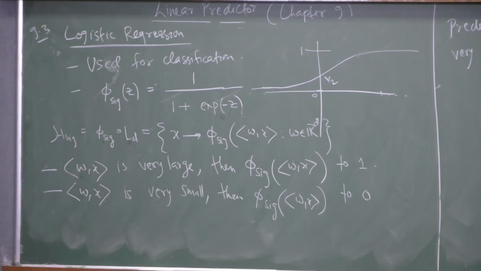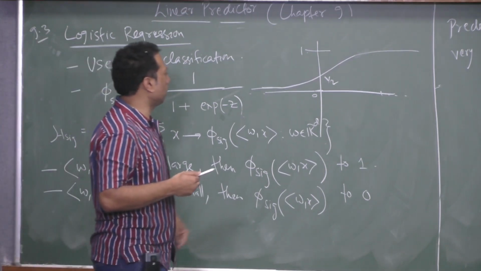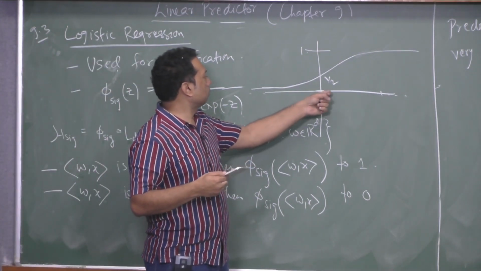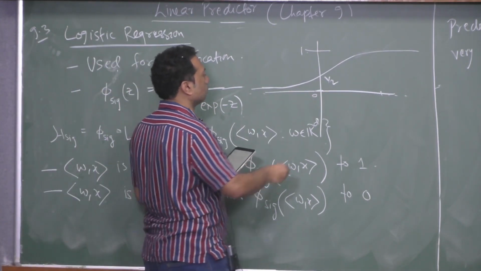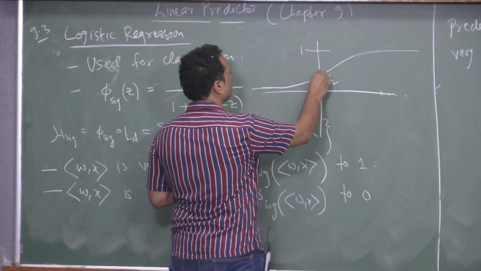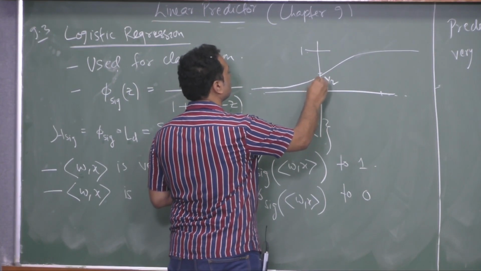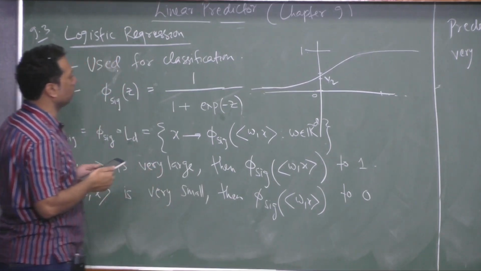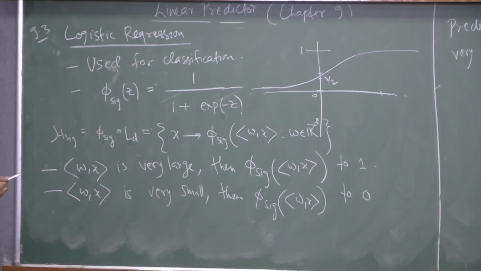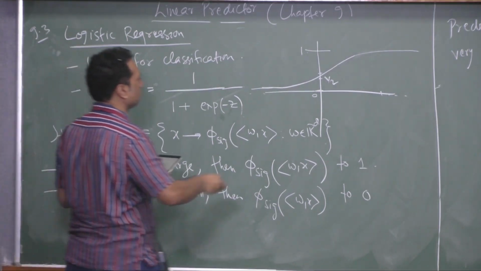But in cases where the mod of w transpose x is not very large, which could be somewhere here, these values it will predict, which is a little bit confusing.